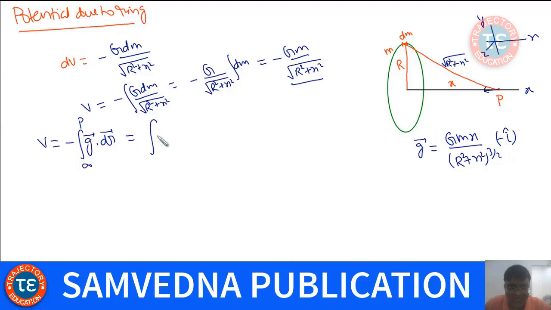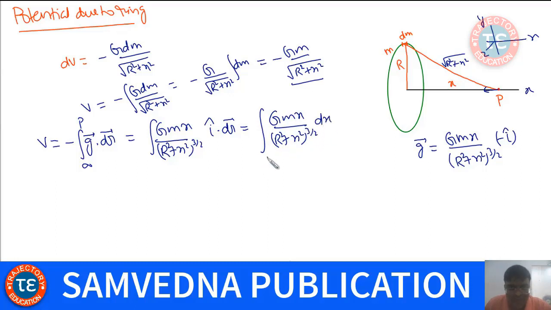So this is going to be GMx i dot dr, and i dot dr is dx, from infinity to x. So we have to integrate this now.